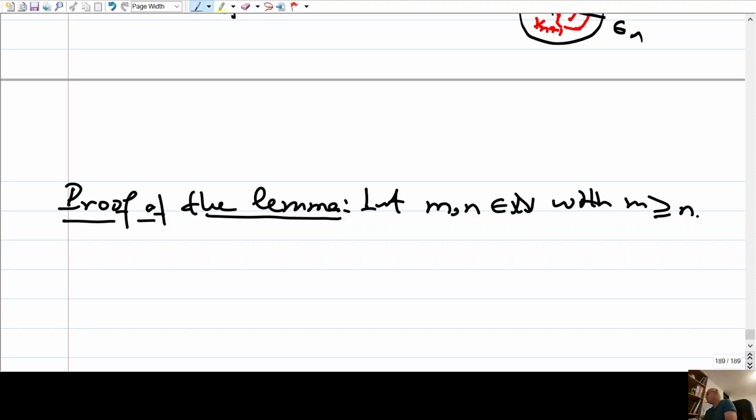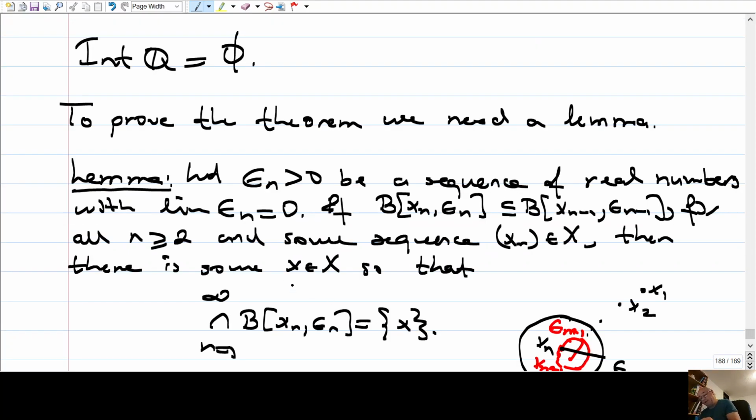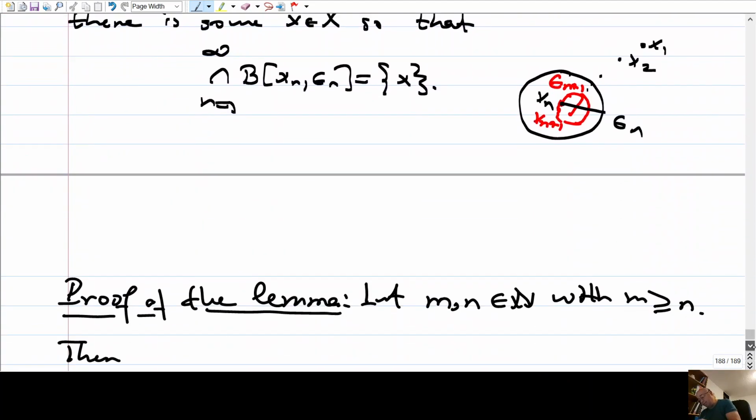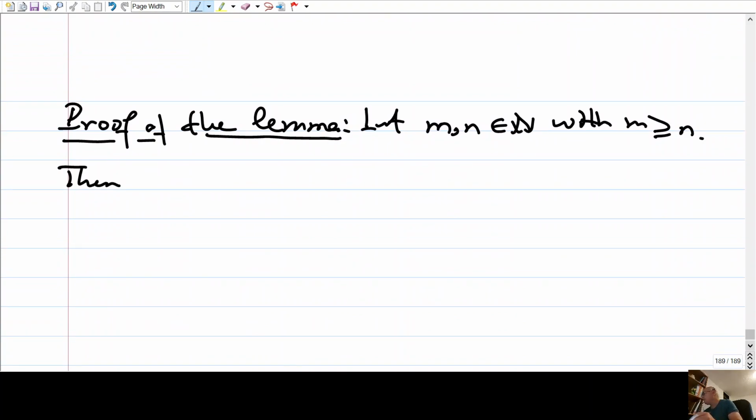Then by the assumption, if you take a ball with bigger index, then it is inside the preceding one.